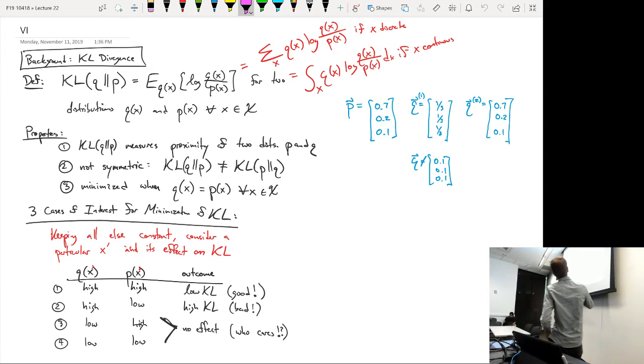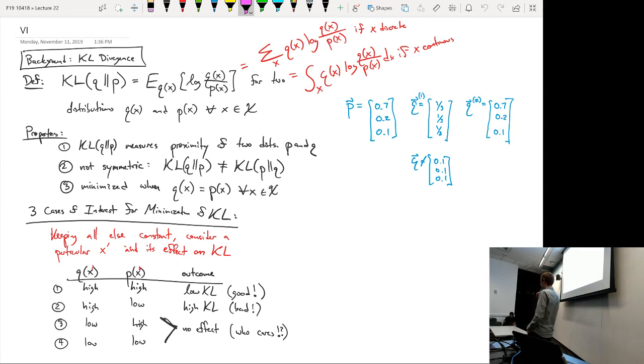I think what you're getting at is, why are we considering a particular x if it's supposed to be the expectation for all the x's? Oh, down here you mean? Yeah. I guess it's easy to think about one particular term in that summation.